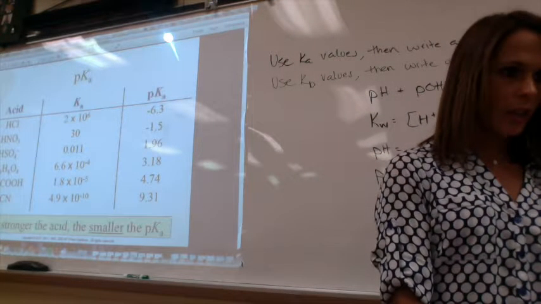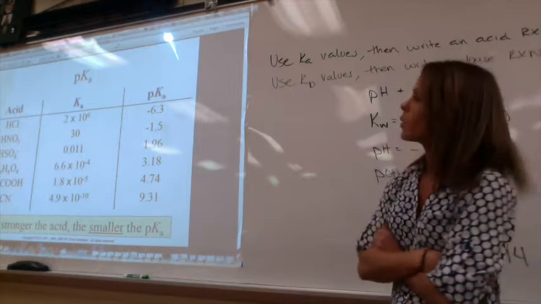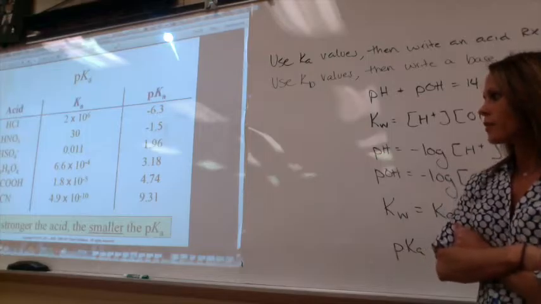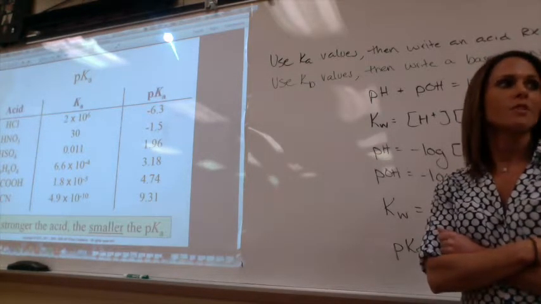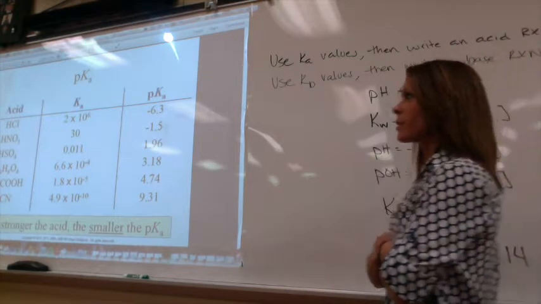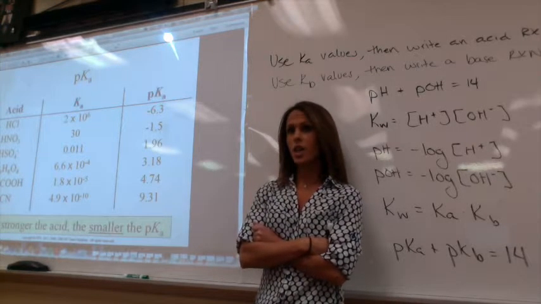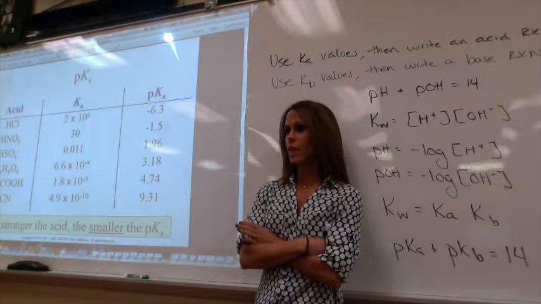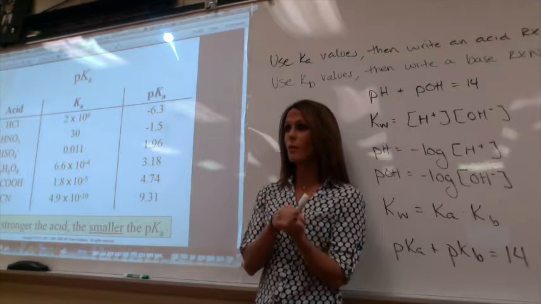All right, so if you take a look at all of the pKa values here, what do you notice about the smaller the pKa? The stronger the acid, right? So you have to sort of associate that. We already said that large Ka values mean a really strong acid. But if you take the negative log of that, you're going to get a small number.